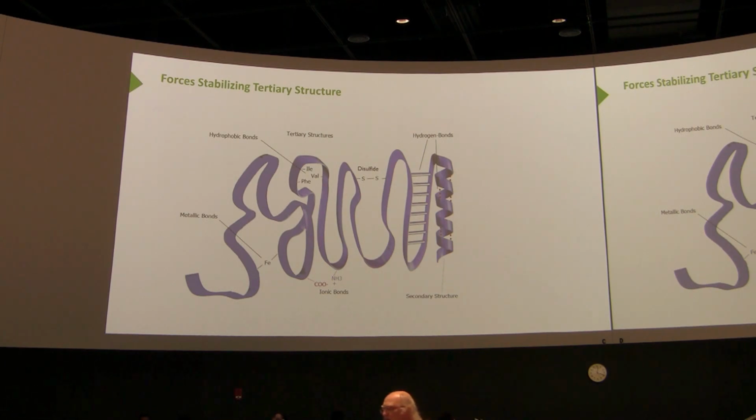The desire of those side chains of hydrophobic amino acids to avoid water causes them to associate with each other, and that's one of the forces that starts the process of folding. It's also a force that helps to stabilize folding, because once they've gotten together, they like to stay together. Not a problem, right?